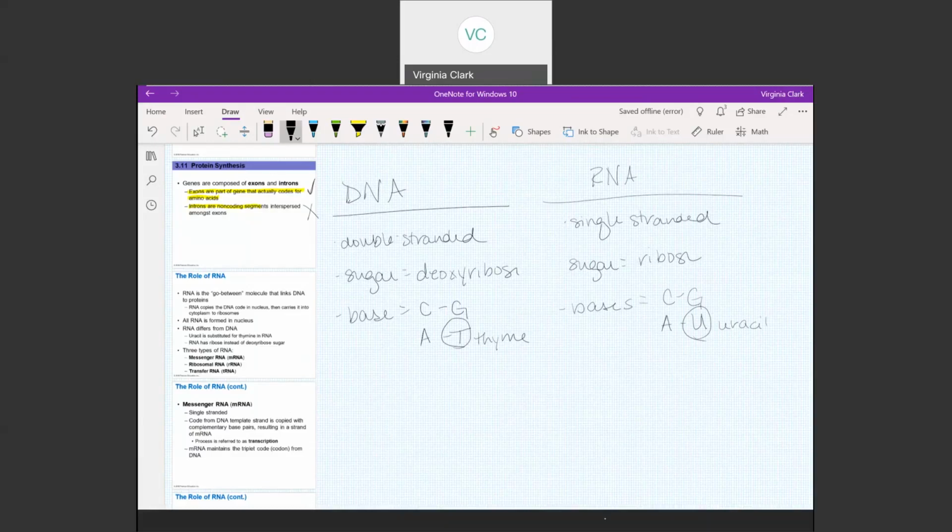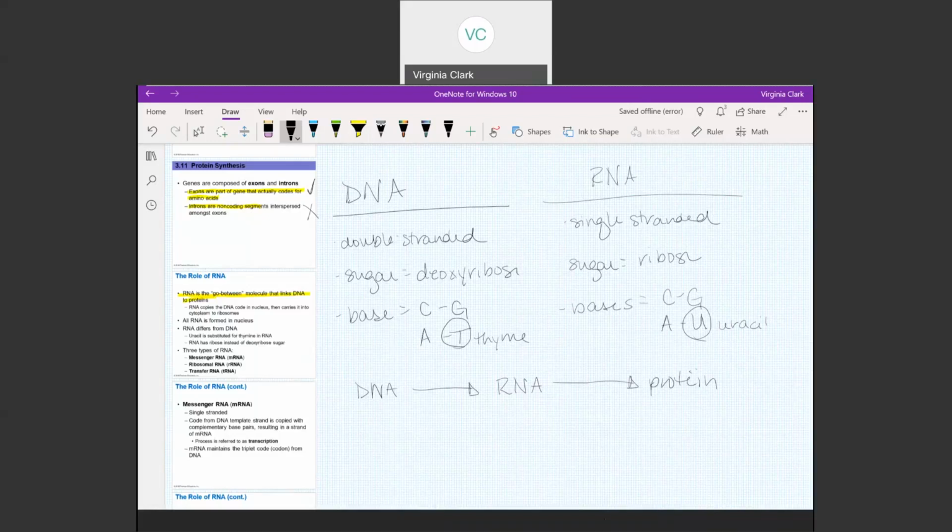The way it's going to work is RNA is the go-between molecule that essentially links DNA to proteins. So you're going to go from DNA, you're going to go to RNA, and then you're eventually going to make a protein. So it's the in-between instructions. It's the carbon copy in between. As we go through this process, we'll talk about these a lot more in depth.